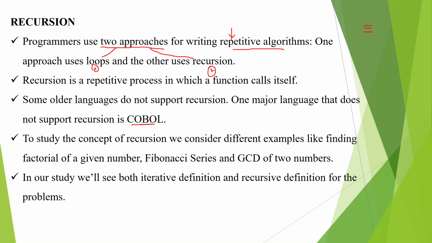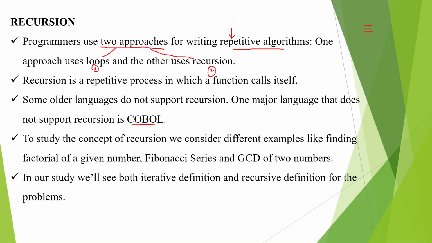To understand recursion more clearly, we consider different examples. As a first step, we will try to find the factorial of a given number. In mathematics, you might know how we calculate the factorial of a given number.